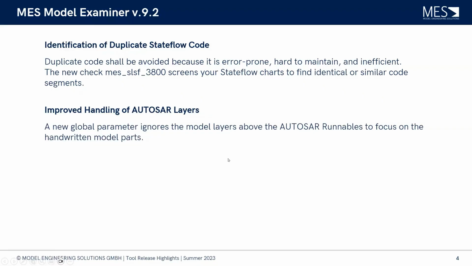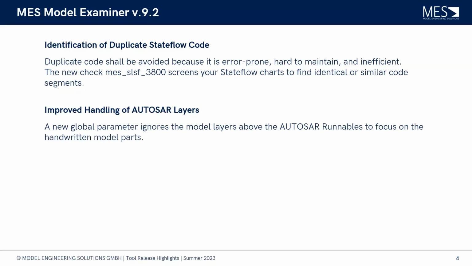So we just continue with the next part, and that is an improved handling of AUTOSAR layers. I know that AUTOSAR is basically a software architectural standard for automotive software, which somehow defines the model architecture and model structure.